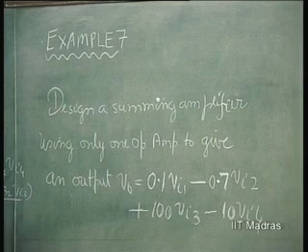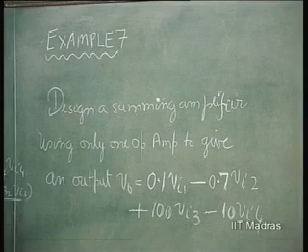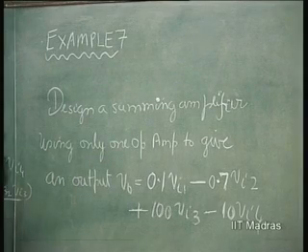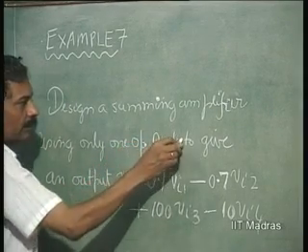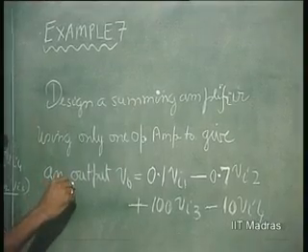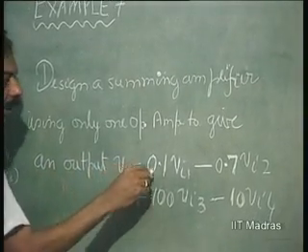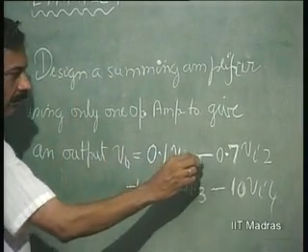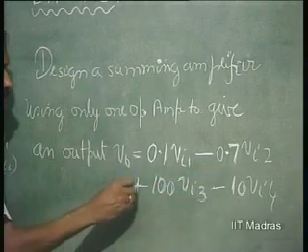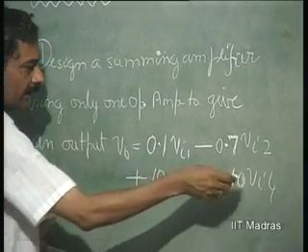So, consider example 7, which is to design a summing amplifier using only one op amp to give an output V naught equal to 0.1 Vi1 minus 0.7 Vi2 plus 100 Vi3 minus 10 Vi4.